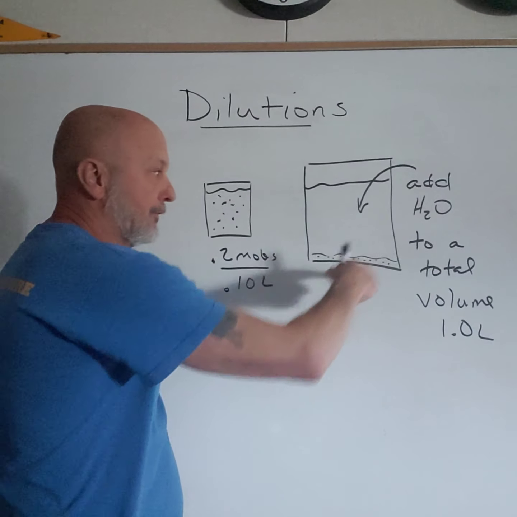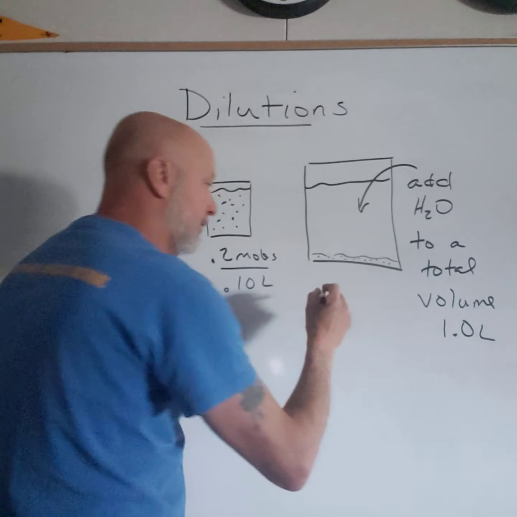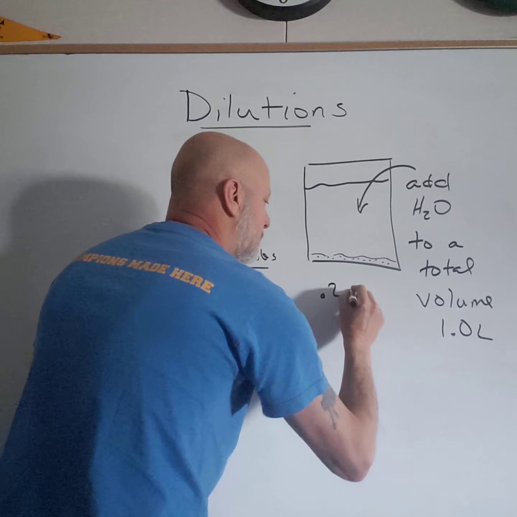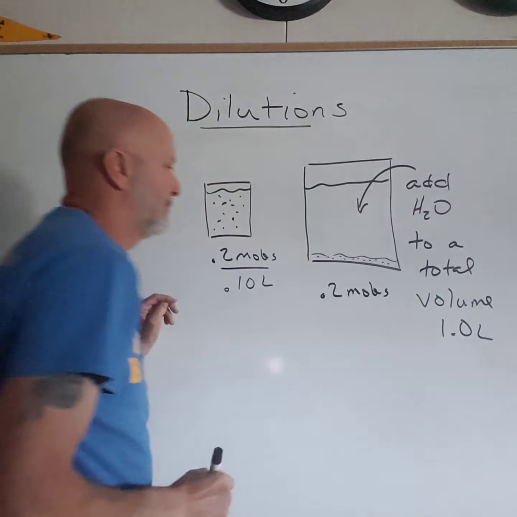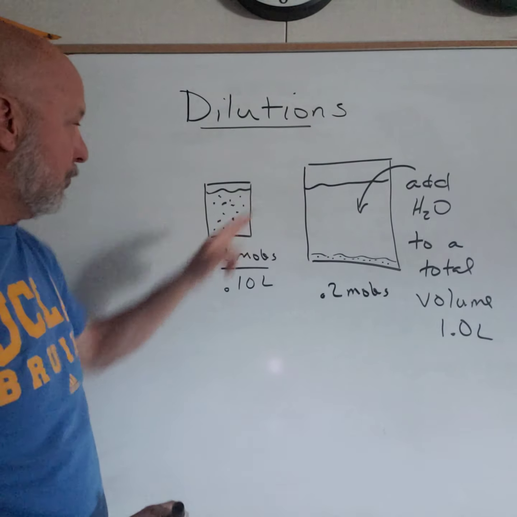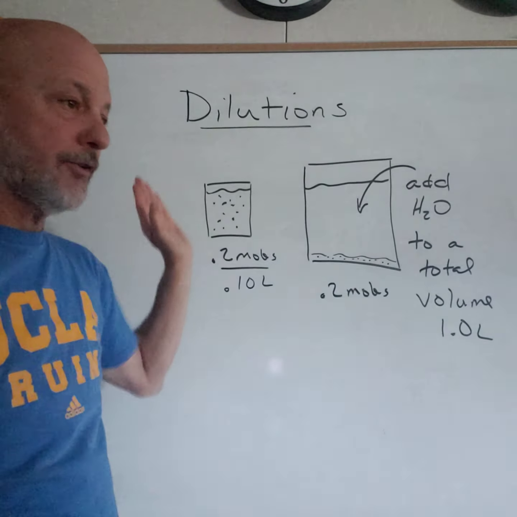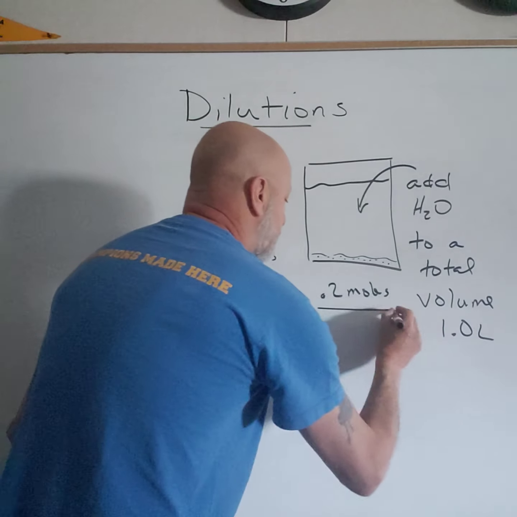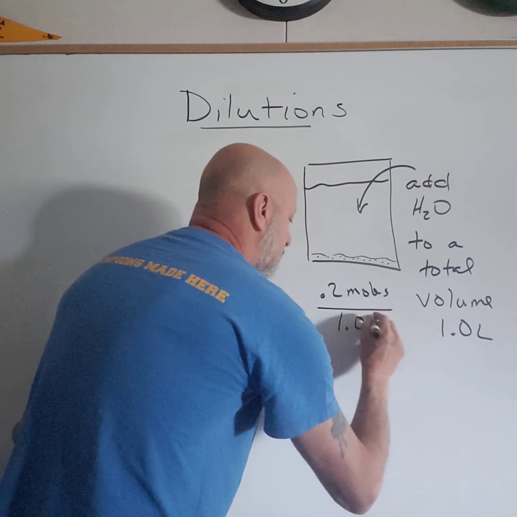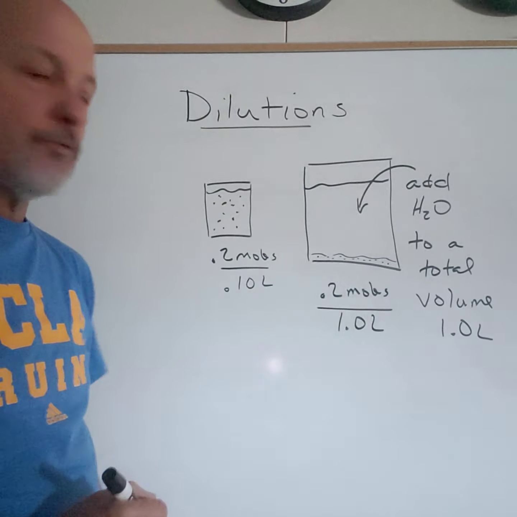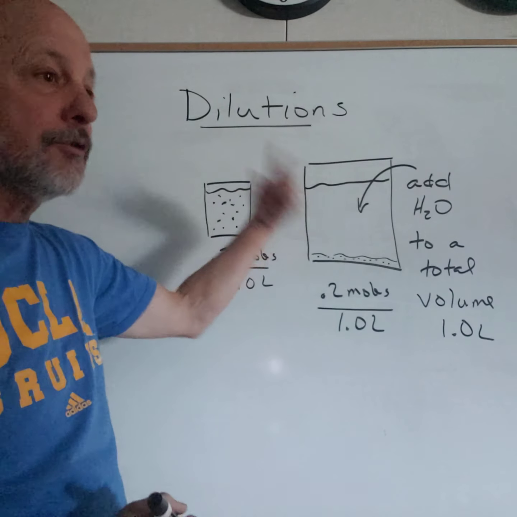So how much salt is in this new solution that I diluted down? 0.2 moles. Because I dumped 0.2 moles in there from my concentrated solution, and that's all the salt that's in there. What's my new volume? 1.0 liter. So what is the new concentration now that I've diluted it down?